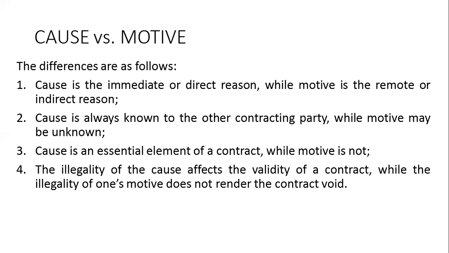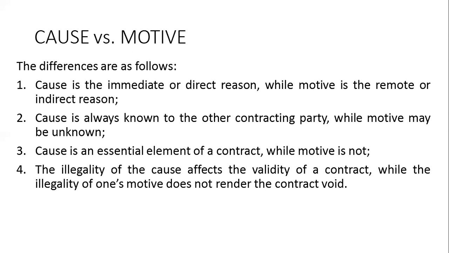Cause is always known to the contracting parties, while motive may be unknown. In a contract of sale, with respect to the seller, the cause is always the payment of a sum of money in exchange for the goods or items to be delivered or transferred in ownership.